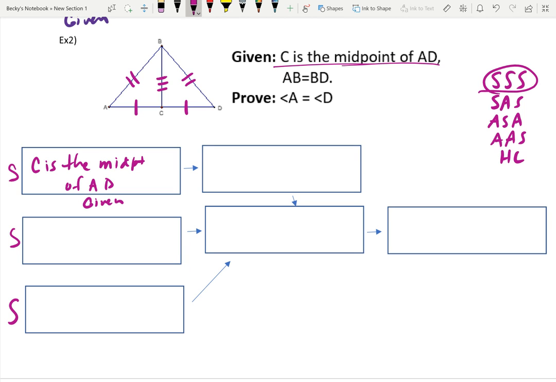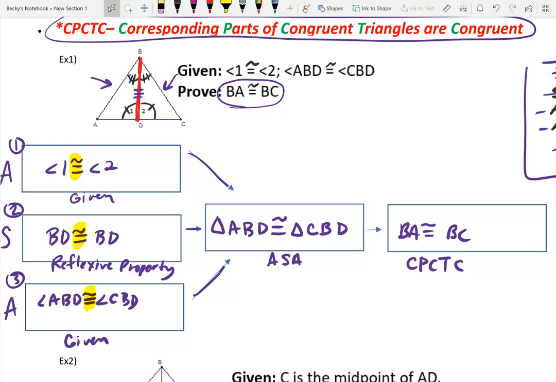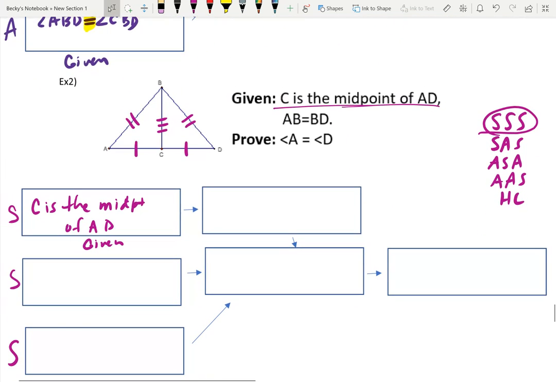Given. Now, here's the difference between this and these up here. The proof that we did up here, after one step, we already were showing something was congruent to something else. But on this step, if you could read my bad handwriting, nothing is congruent yet. It just says C is the midpoint.